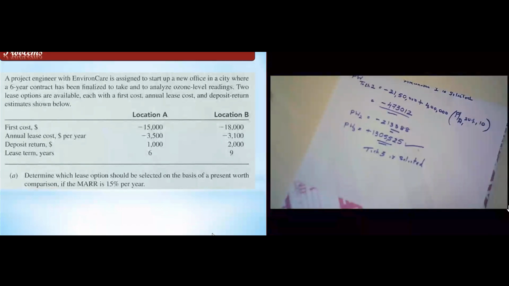As well as at the end of the 9th year you have 2000. So we have to take it at the 9th year itself for location B, and for location A we have to take it at the 6th year. We cannot move those cash flows or any salvage value, because as given, they occur for that year only.